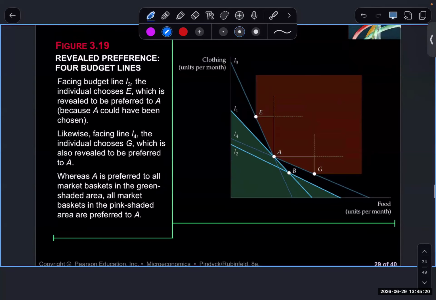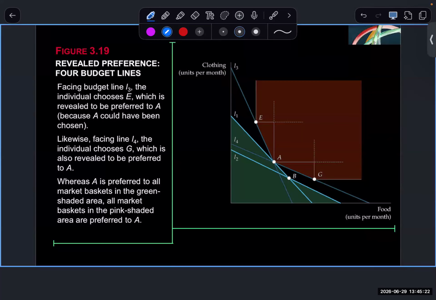Let's continue. So here we have more information. Okay, we have two more budget lines, I3 and I4.